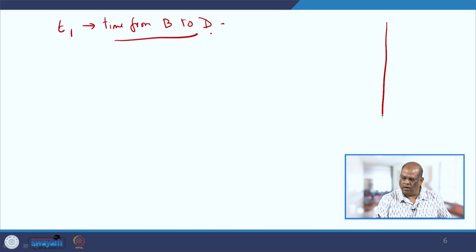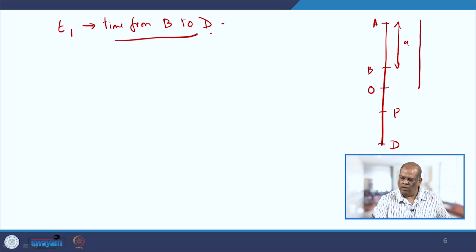Let me quickly again draw the figure. This is A, this is B, this is O, and this is T, this is P. This is your A, this is your B, and this is your x, and this much is a by 2.